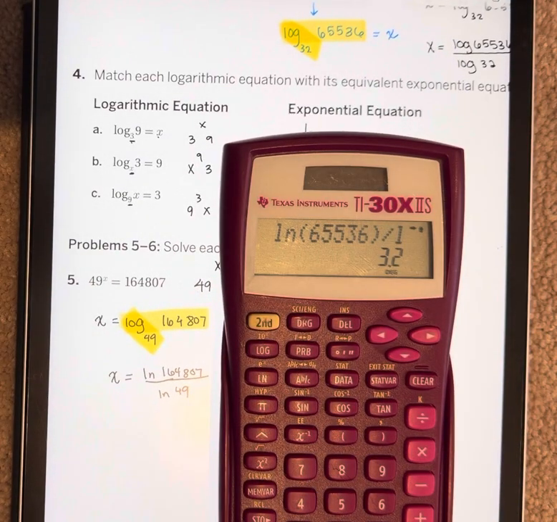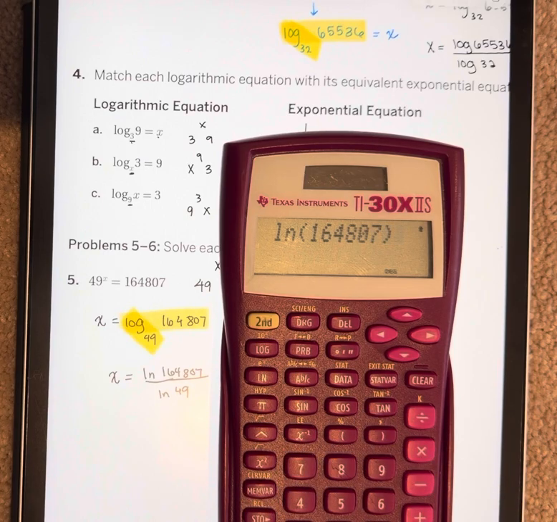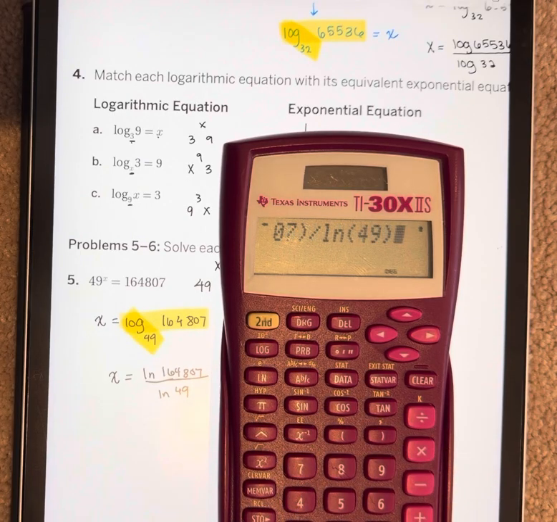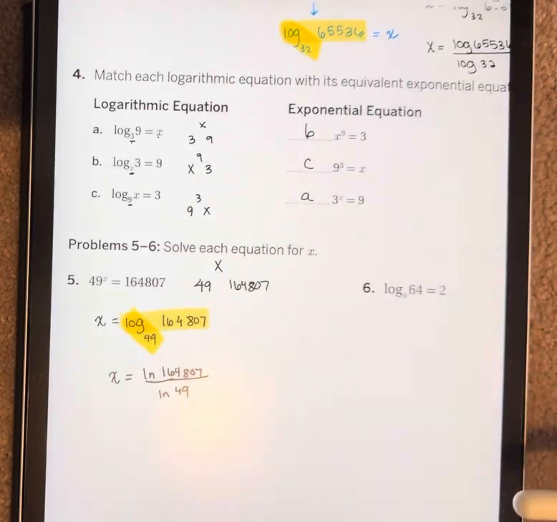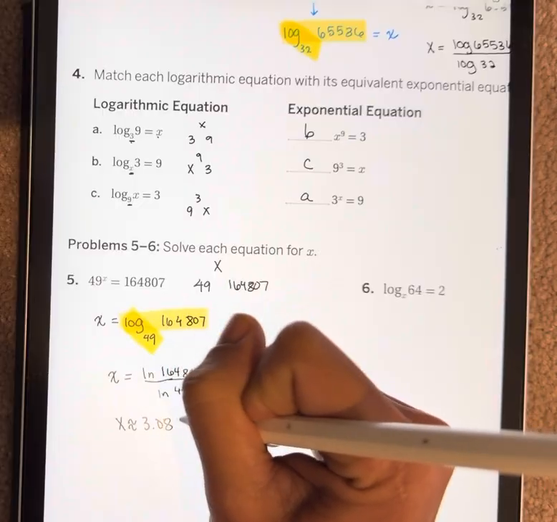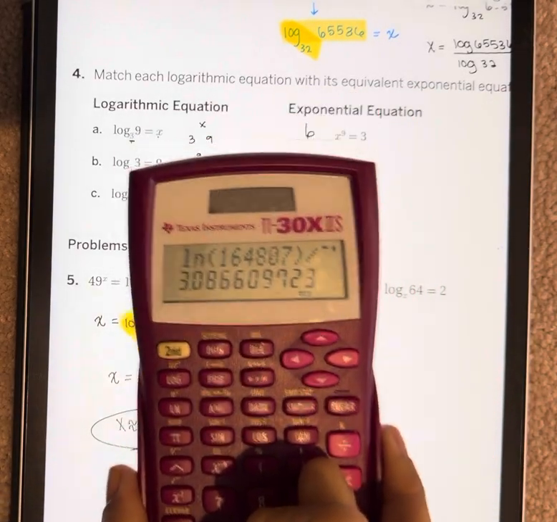So then we come here and we do ln of 164,807. Don't forget to close this parenthesis, and then divided by ln of 49. 3.087. X is approximately 3.087.